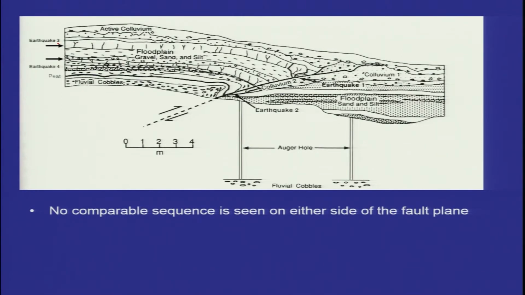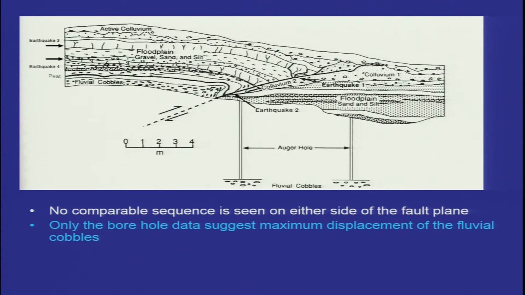So, what we see here is that no comparable sequence is seen on either side of the fault plane. There is no need to worry about that, but a close interpretation or understanding of the sequence of deposition can help in identifying the events. Only the borehole data suggests maximum displacement of the fluvial cobbles.